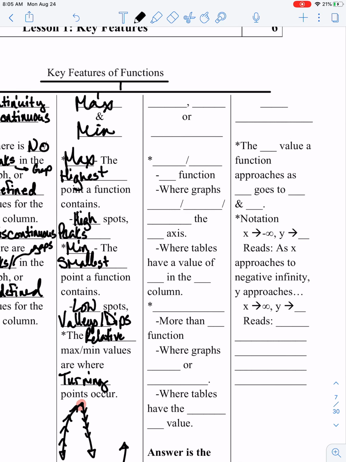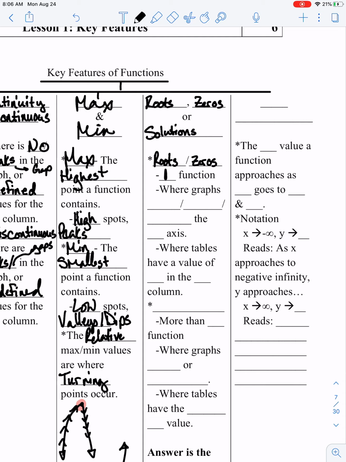Your next key feature is going to be roots, zeros, or solutions. Your roots or zeros can be used interchangeably. I use roots and zeros when I only have one function.